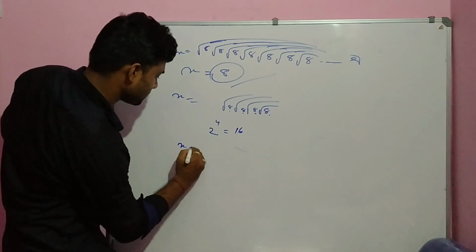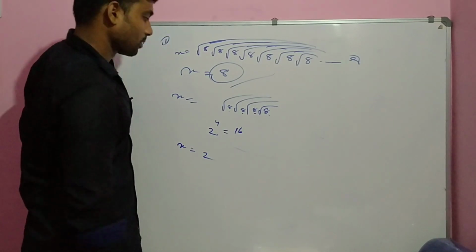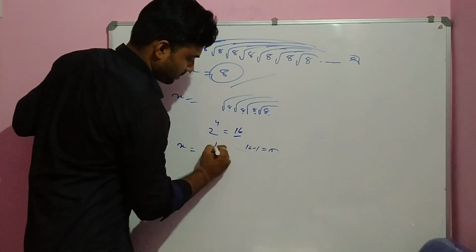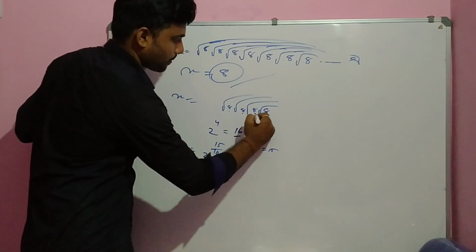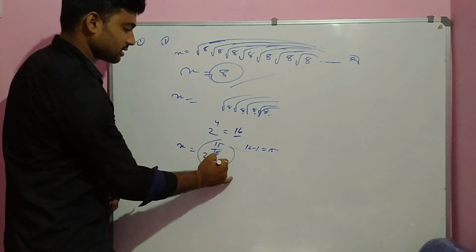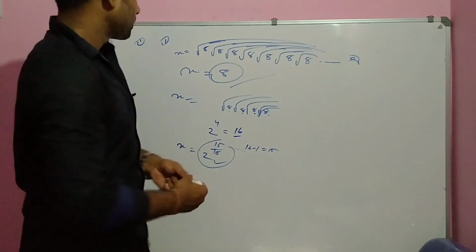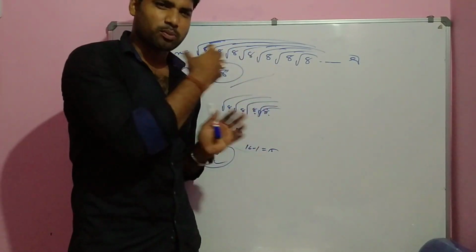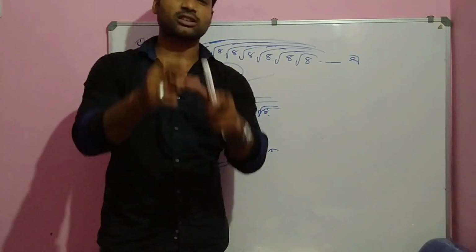The value of x is 2 to the power of 16 minus 1, which is 15 by 16. The answer is 2 to the power 15 by 16. So quickly keep this in mind, try to solve and practice more and more, then you can crack the competitive exam.